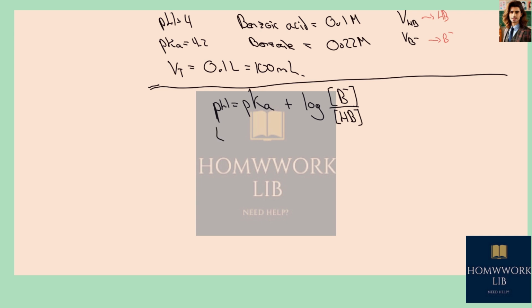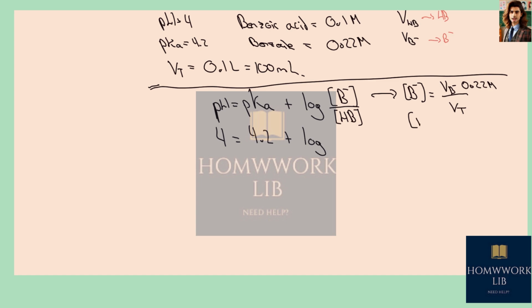Replacing the values that we desire, we have 4 and 4.2. And instead of having the concentrations, what we can say is that the concentration in the final solution, in the case of benzoate, is going to be equal to the volume of benzoate that we have added times the concentration of benzoate of the solution, in this case 0.22 molar, divided by the total volume that we require.